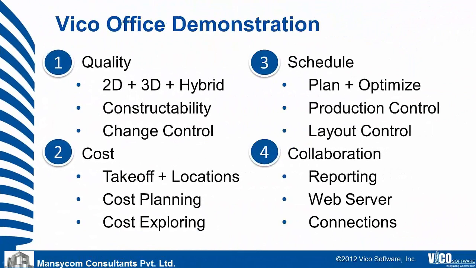In about 30 minutes, this demo will orient us in the software, show us the importing of 2D drawings and 3D models, how we combine 2D and 3D and hybrid views, clash detection, change management, collaborative issue resolution, the importing of legacy data, manual and automatic quantity takeoff, project location management, visual BIM-based cost planning and exploring, BIM-based schedule planning and controlling, layout management and validation, enterprise reporting, and the Vico Office web server. Well, that's quite a bit to cover, so let's get started.